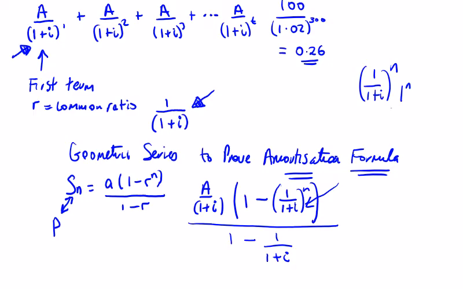It's just 1 to the power of N, and 1 to the power of anything is just 1, so it's going to be 1 over 1 plus I to the power of N.